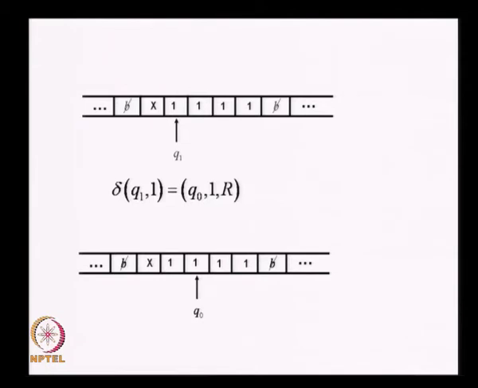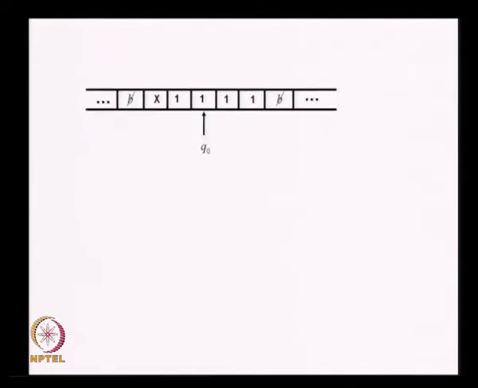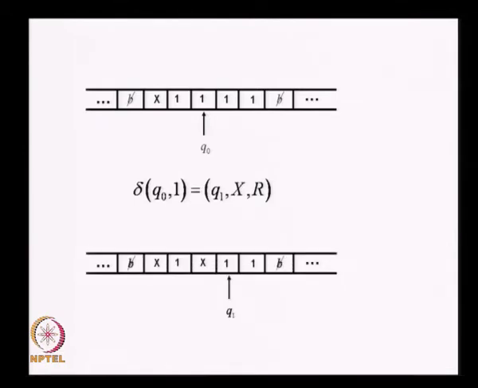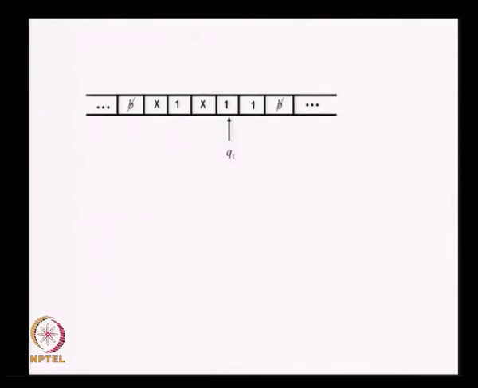Now, in Q0 again it sees a 1, it changes that into an X using this mapping and moves right. So, it changes alternate ones into X's and leaves the other ones as they are. Now, in Q1 it sees a 1, it moves right in state Q0, but does not change the 1.